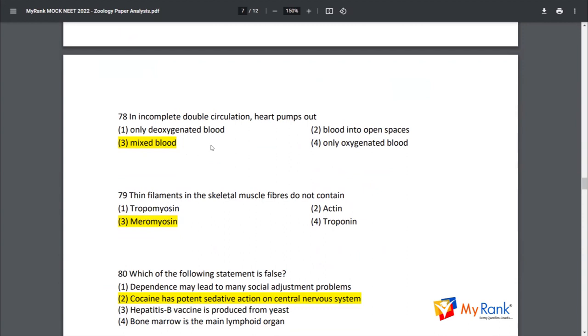Whereas only deoxygenated blood is pumped by the heart in the case of single circulation. Blood opens into open spaces in lower grade organisms, not in the higher grade organisms, and only oxygenated blood can be pumped in the case of double circulation. So here the correct answer is mixed blood.